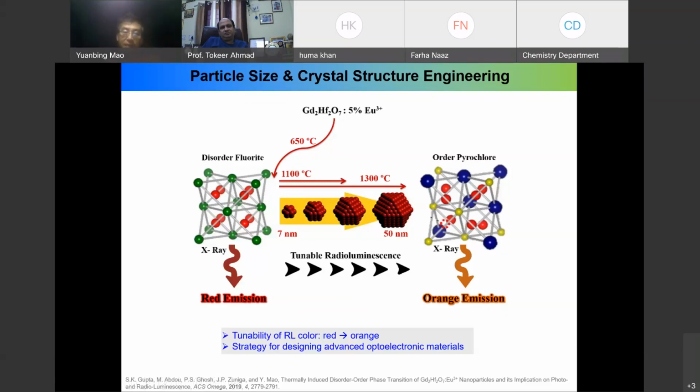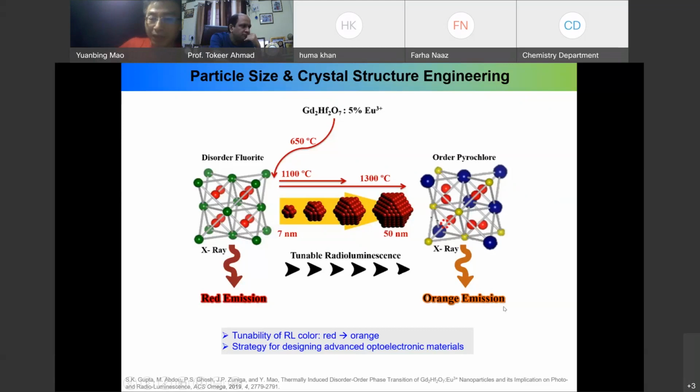Okay, and then we did take the radioluminescence of these two samples, and you will see that the original nanoparticles gave the red emission. And then for these pyrochlore nanoparticles at 50 nanometers, it gave the orange emission, right?